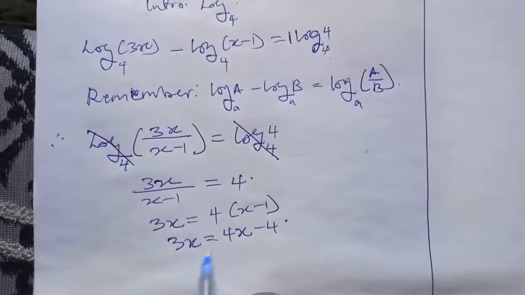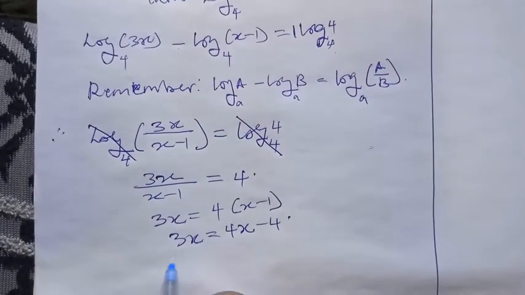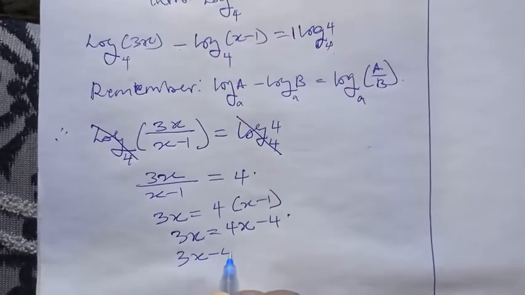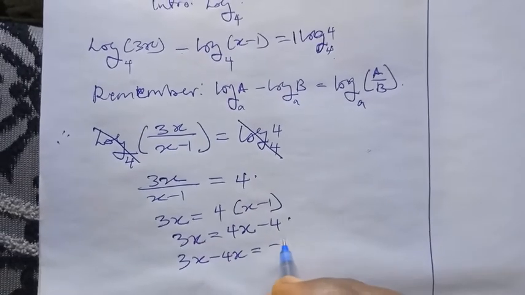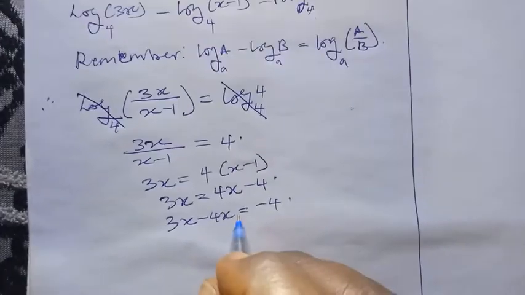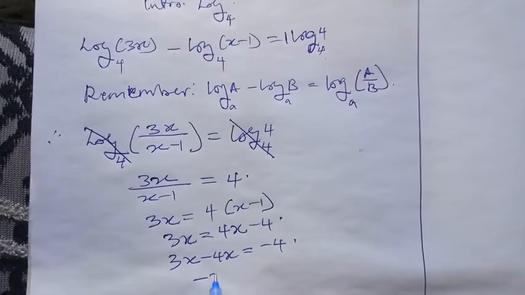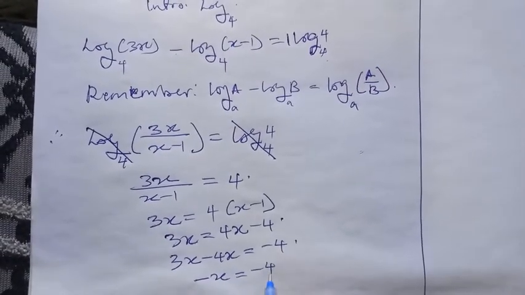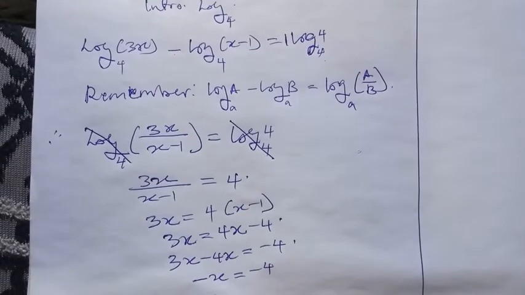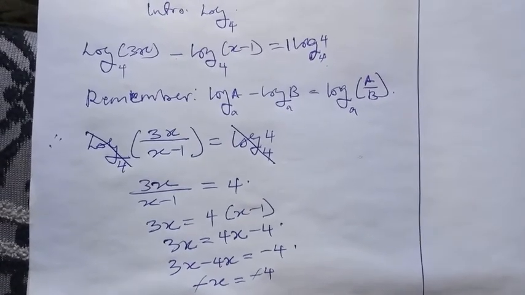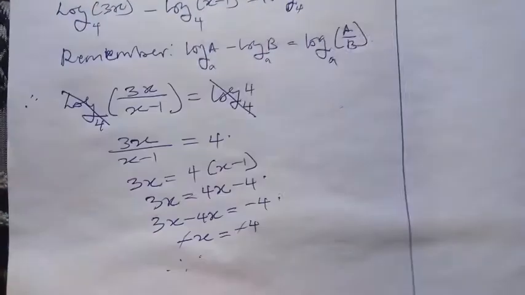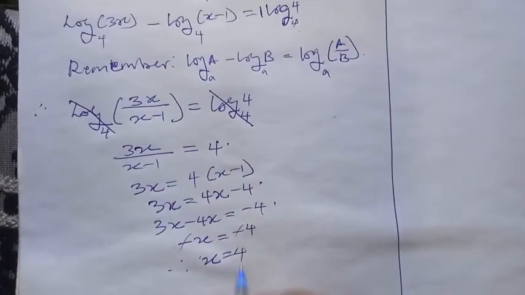Let me just do it the normal way, which is going to be 3x minus 4x is equal to minus 4. So 3x minus 4x would be what now? Would be minus x is equal to minus 4. Dividing both sides by minus 1, x is equal to 4, right?